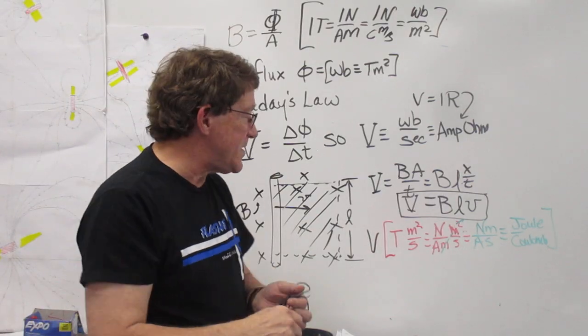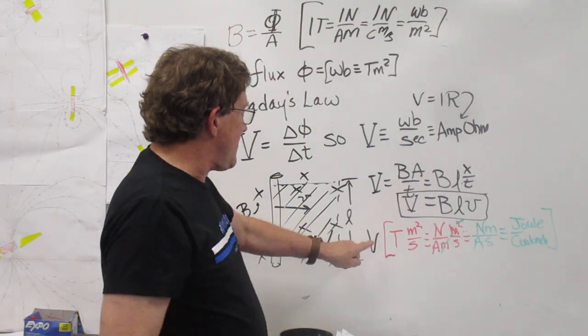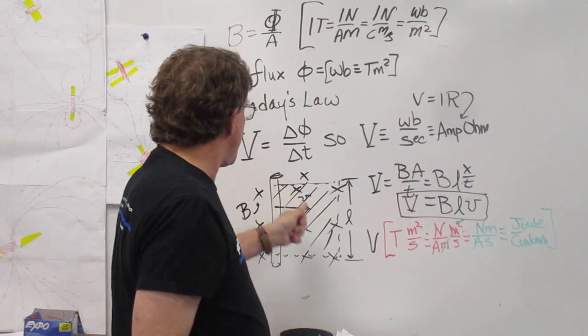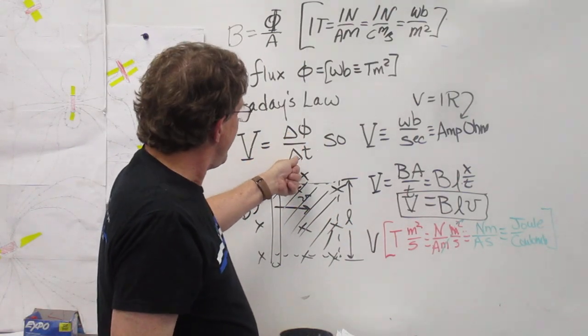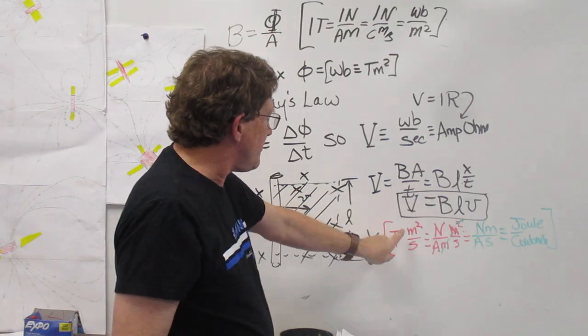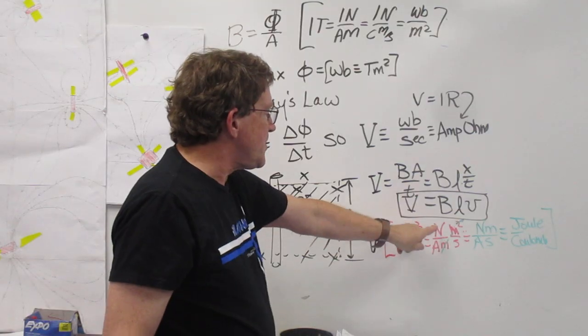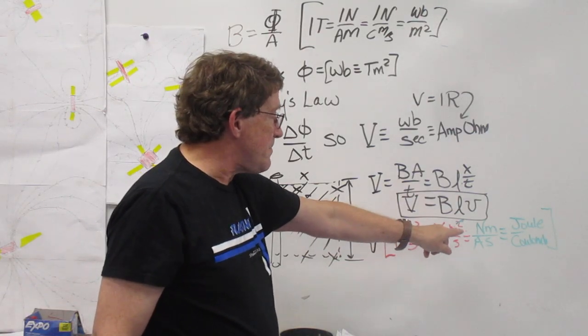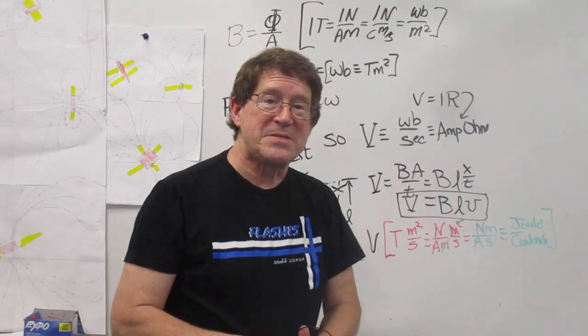And so here's our units. The voltage can be thought of as a Tesla meter squared per second. That's flux, B A per T. It's a Newton per amp meter times a meter squared per second, which then becomes a Newton meter per amp second.